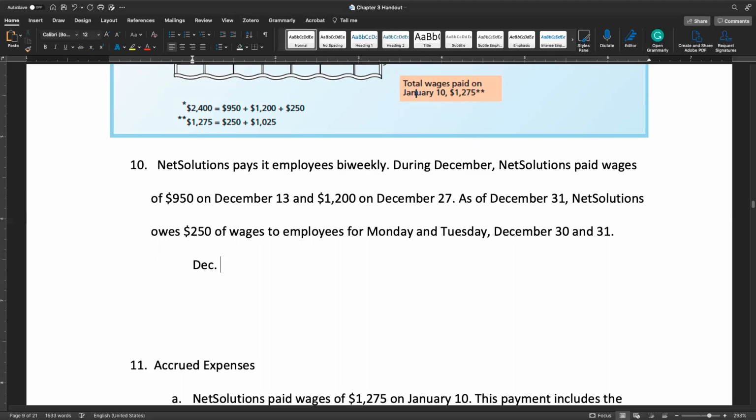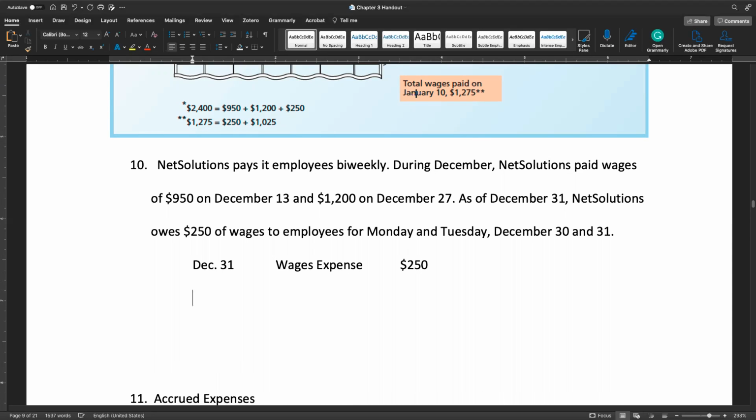All right, December 31st. The way that we're going to do this is we're going to debit wages expense for $250. And we're going to credit an account called wages payable for $250.